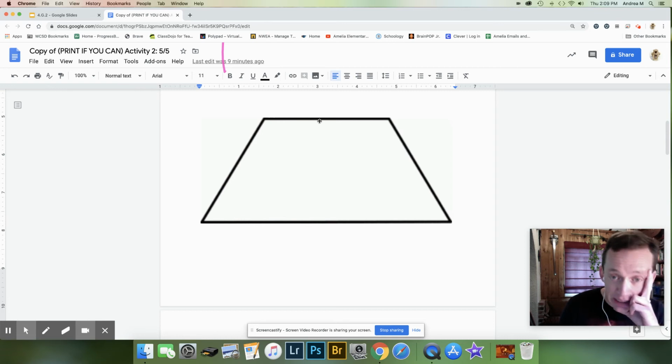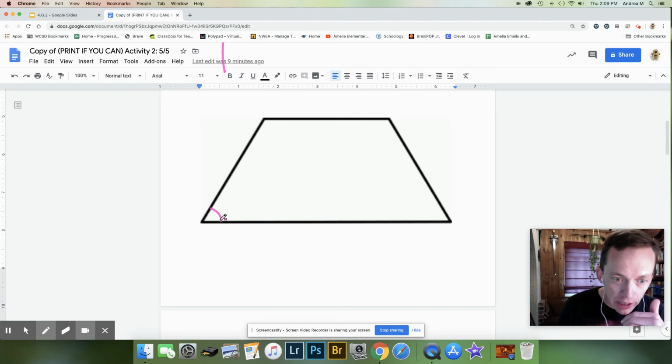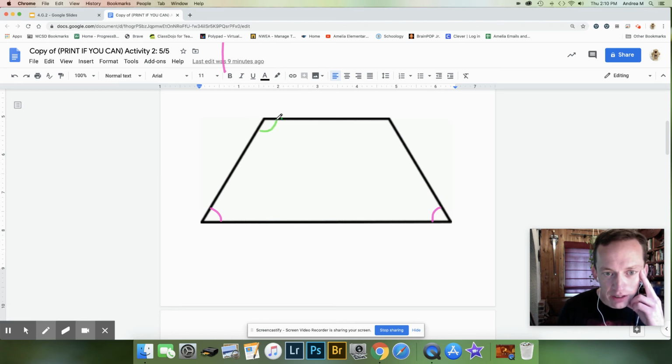We have these four line segments, but none of them are perpendicular, because when these two meet, they're making an acute angle. This one is also an acute angle. When these two line segments meet up here, they're making an obtuse angle. So there are parallel lines here, but no perpendicular lines.